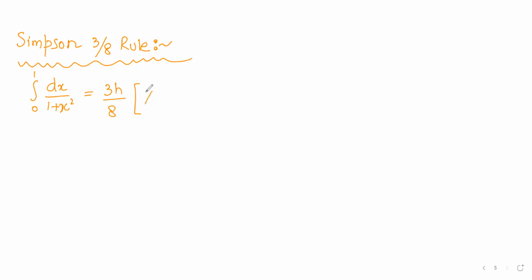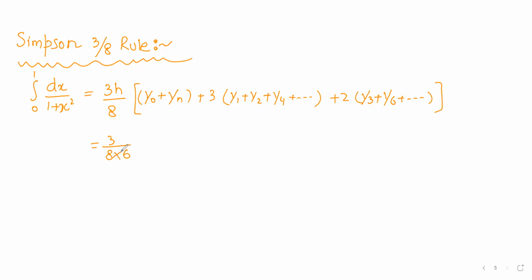So it will be equal to y naught plus yn, plus 3 times the terms which are not multiples of 3, and the terms which are multiples of 3. So putting the value, 3 into 8 into 6, right? Because it is 1 by 6, so it will be like this one.